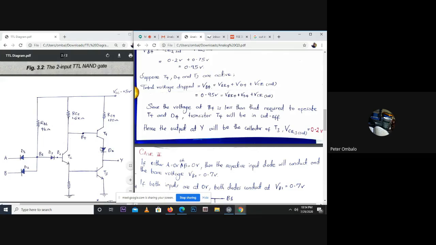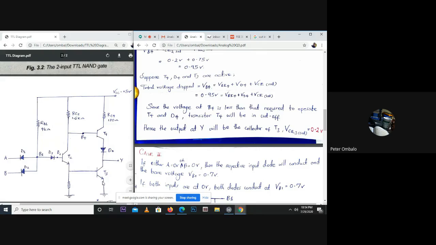The drop for a diode is 0.7 volts, so the 0.25 volts that is left is not going to be enough to drop at D4. So then this path will be inactive, the path through T4 to diode D4. So then T4 is going to be in cutoff.